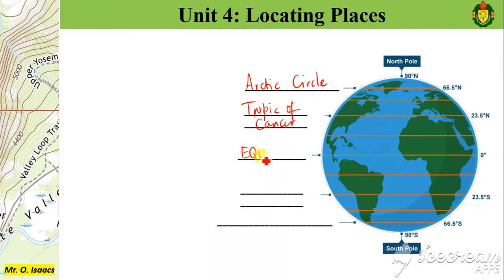Of course, the equator, which is the main line at 0 degrees. Then we have the Tropic of Capricorn, and that's at 23.5 degrees south. And finally, we have the Antarctic Circle at 66.5 degrees south.